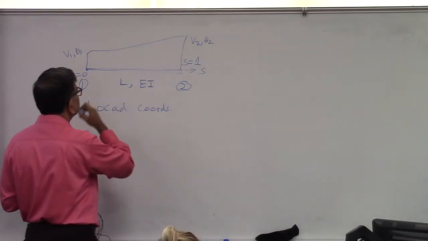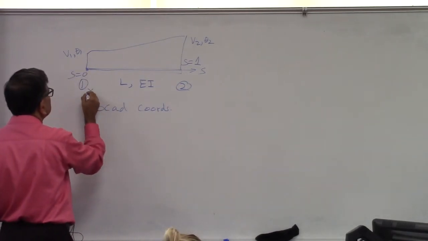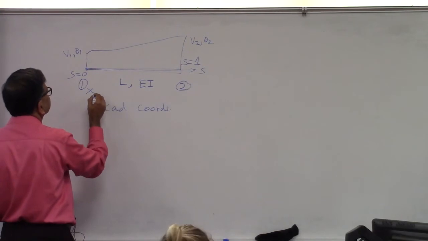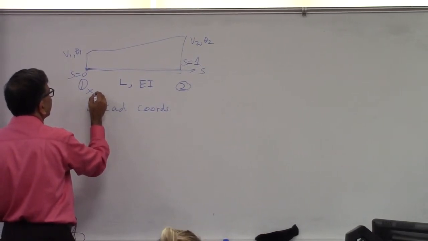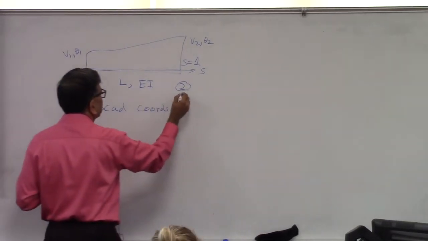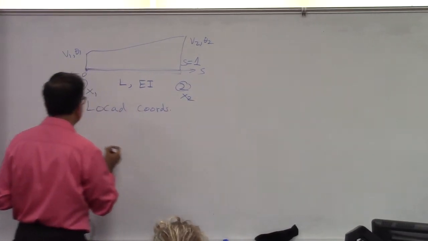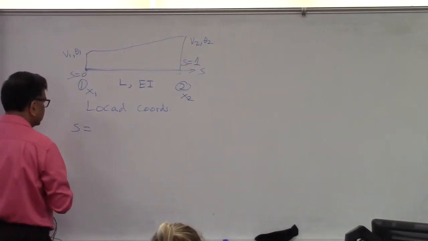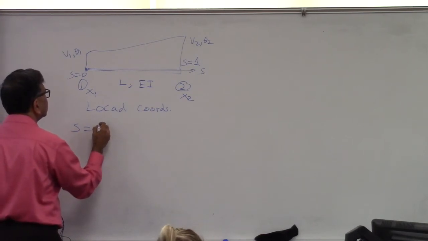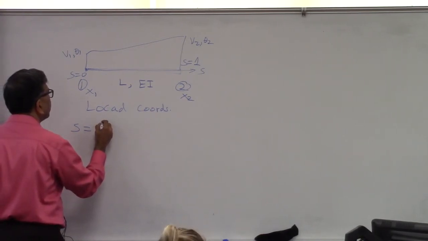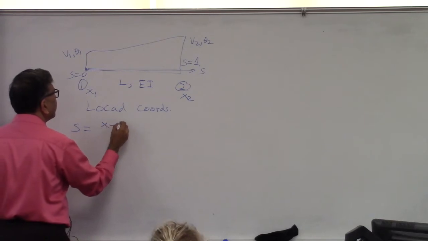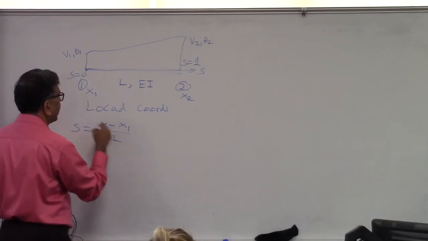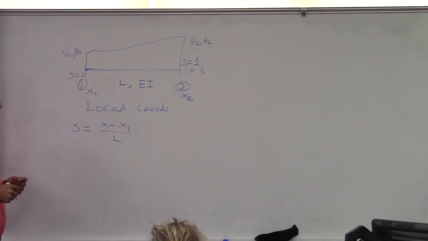Now, the transformation between, suppose if you call this x, now x1, the coordinate of this x2, S is given by... so that is the transformation.